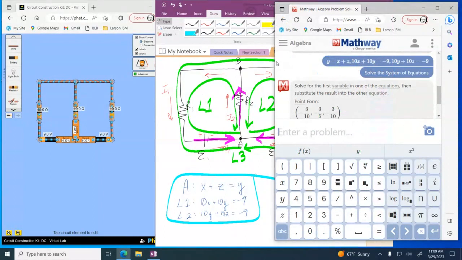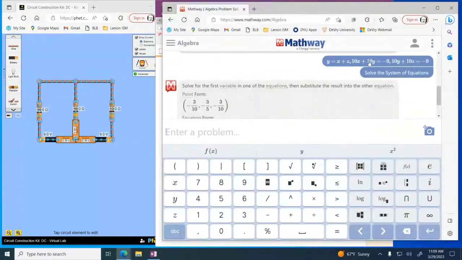One of the things you can do, let's say you wanted to solve multiple cases and change things up, is instead of having number coefficients, you could use a and b for x and y.